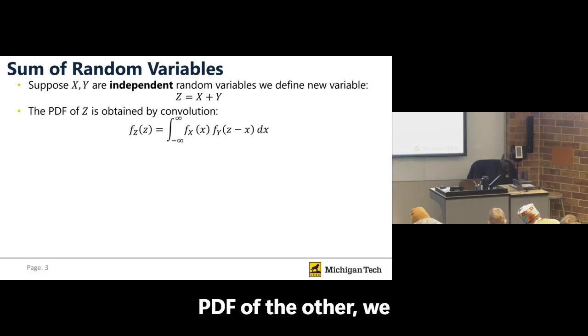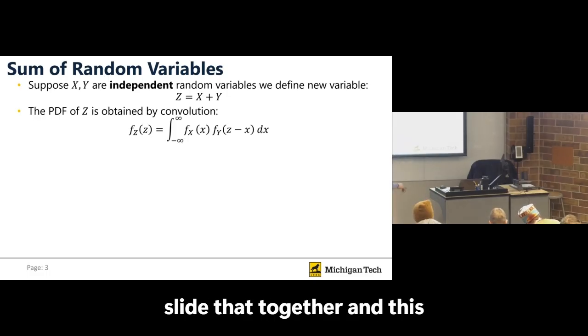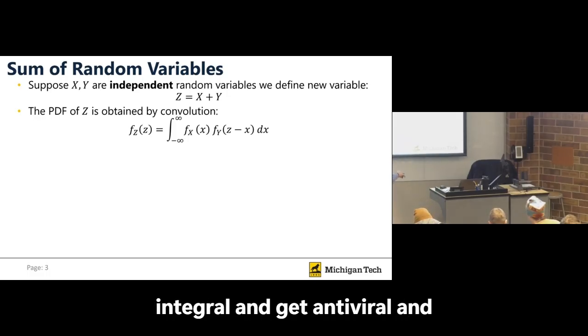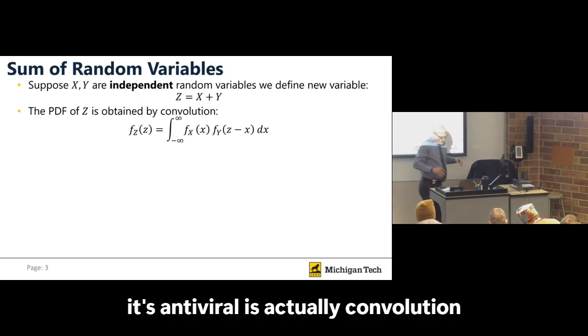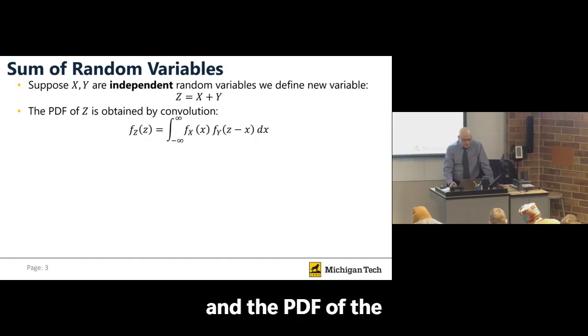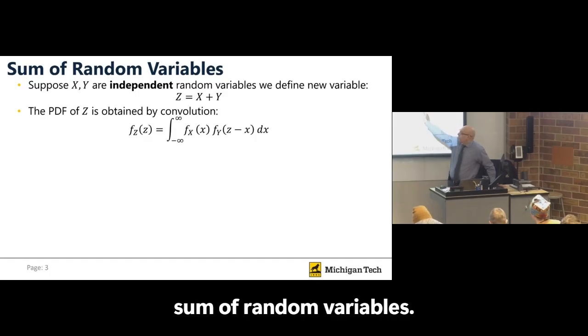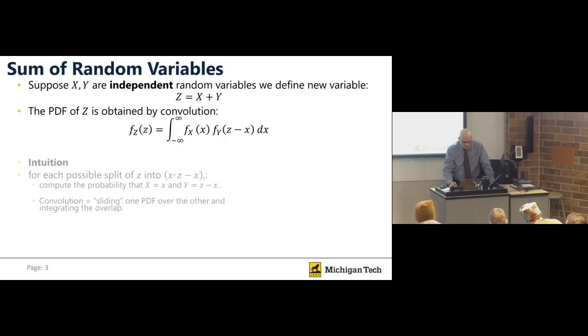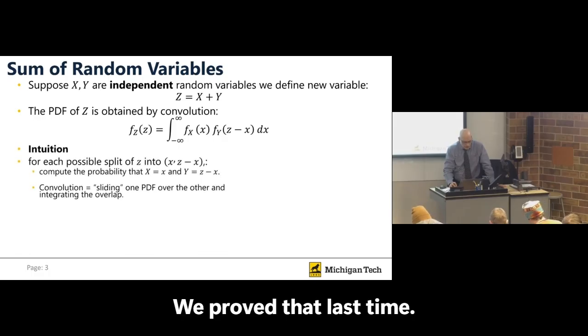We slide them together, and get this integral, and this integral is actually the convolution, and the PDF of the sum of random variables. We proved that last time.